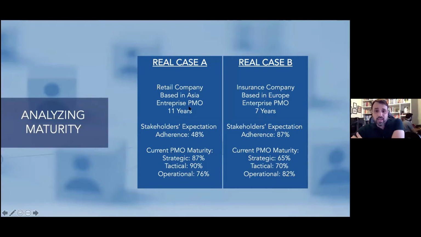So what I'm saying is, case A, we have only 48% of alignment. Case B, 87%. So what we see here is PMO A is doing really good many functions, but these functions are not delivering what the stakeholders really want.